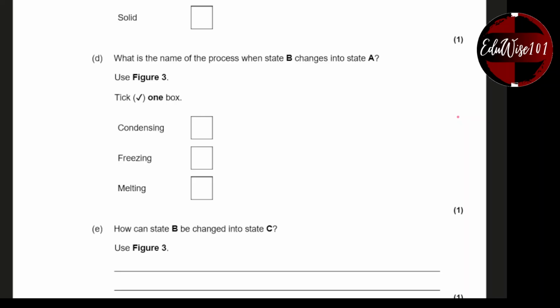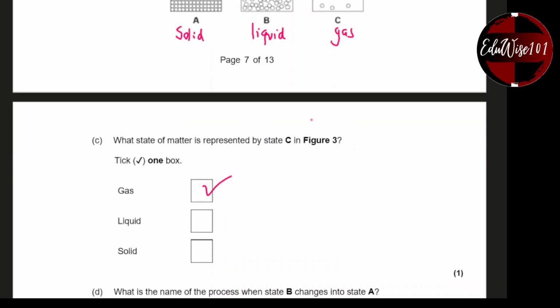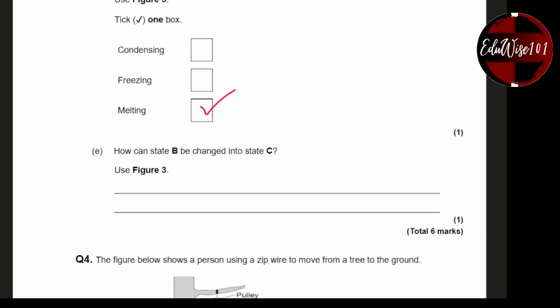What is the name of the process when B changes into state A? So when B changes into A, a solid changing into a liquid is called melting. E, how can state B be changed into state C?